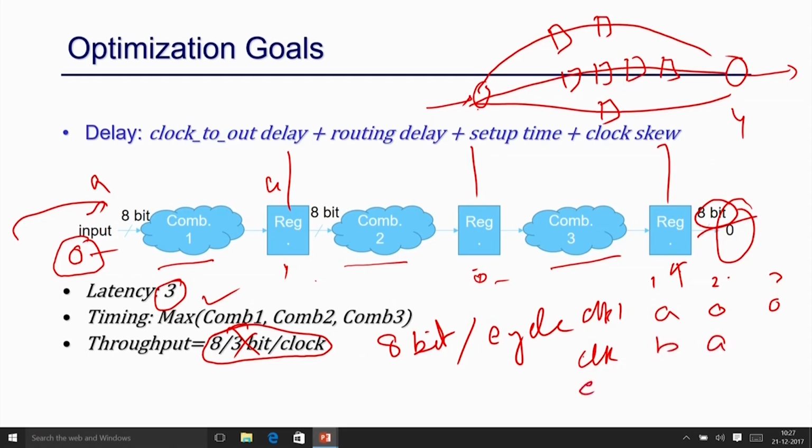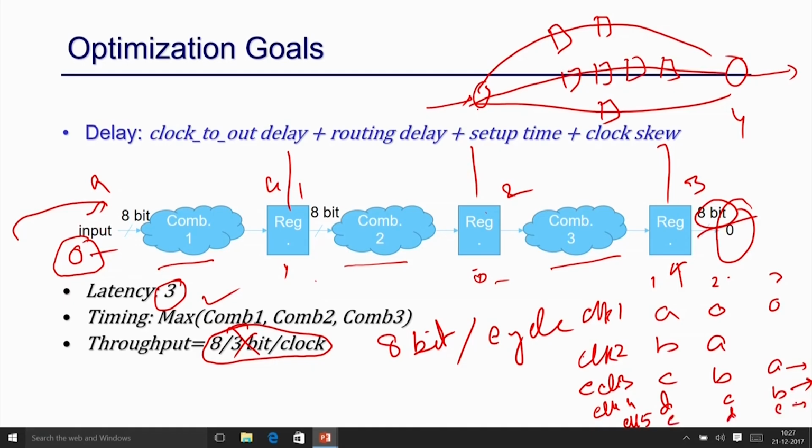In clock 3, A will come here, B will be processed in these registers, and some new input will come. So, after 3 clocks this result will be available. In clock 4, B will come here, C will come here, and some new data will come. In clock 5, D will come here and C will be available.